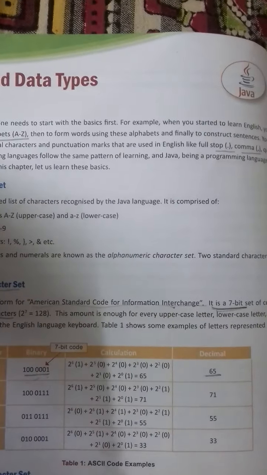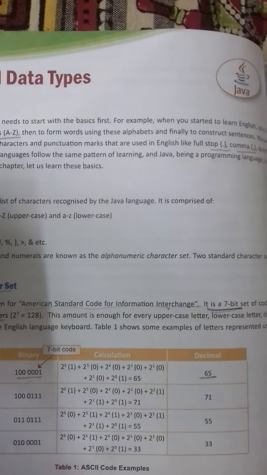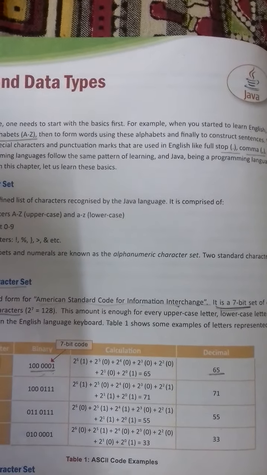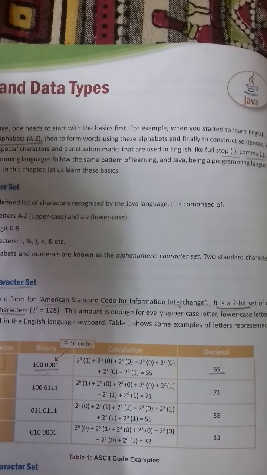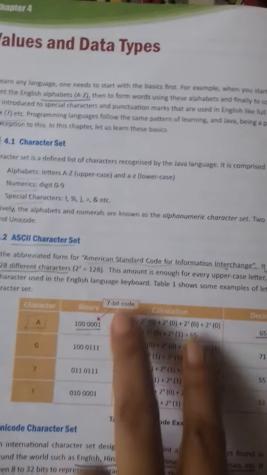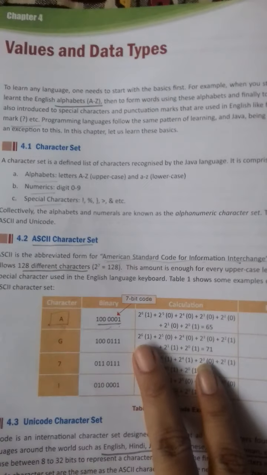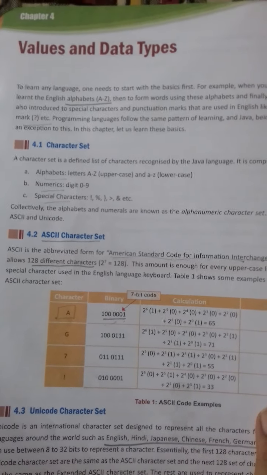It also supports numbers like 1, 2, 3, 4, and so on. So to learn the English language, you have to understand its character set, that is alphabets, numbers, and special symbols. Similarly, when you start learning an object oriented programming language like Java, you should also know its character set.